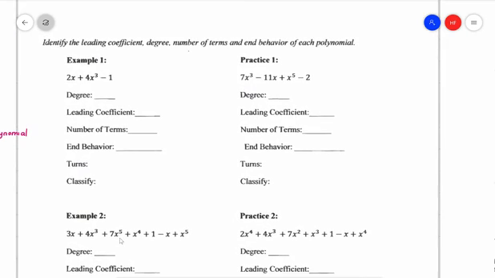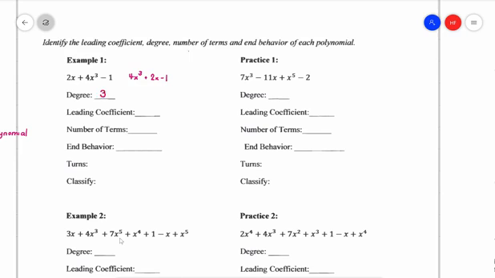So first we want to check, can I combine any of my terms? On example 1, I can't. But I know they're not in order, so I'm going to rewrite it in order with the highest degree first. So I have 4x cubed plus 2x minus 1. The degree is the highest exponent, so that's 3.